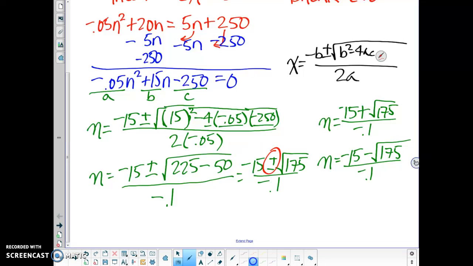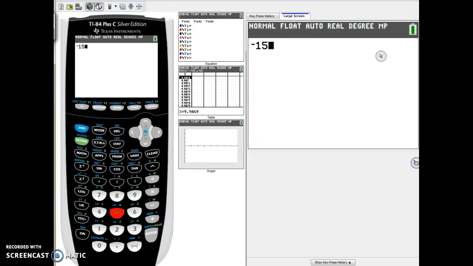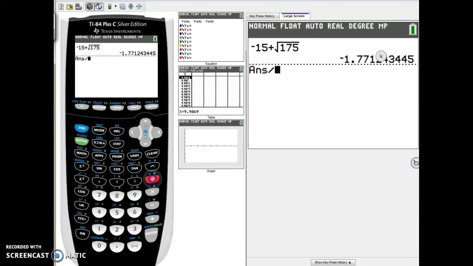So now when I go into my calculator, I am going to do negative 15 plus the square root of 175. Find out what that is first. Then divide that by negative 1/10. And I get about 17.7. You can't do 0.7 of a pizza, so I'm going to round that up to 18. And then I'm going to do the same thing, negative 15 minus the square root of 175.